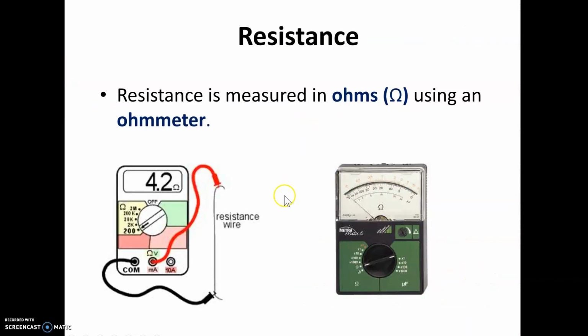Resistance is measured just like voltage and current, and an ohmmeter is the device that's used to measure the resistance of different types of resistors.